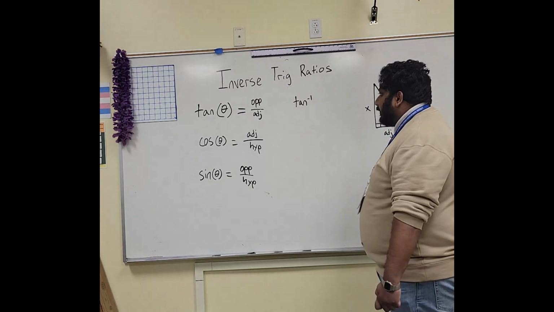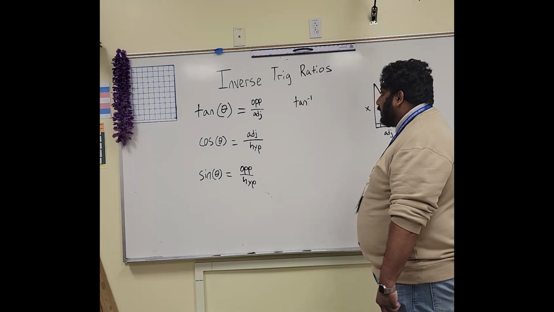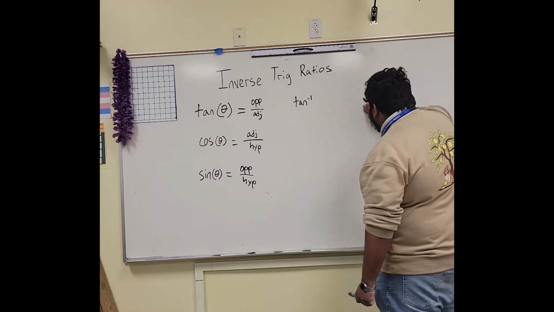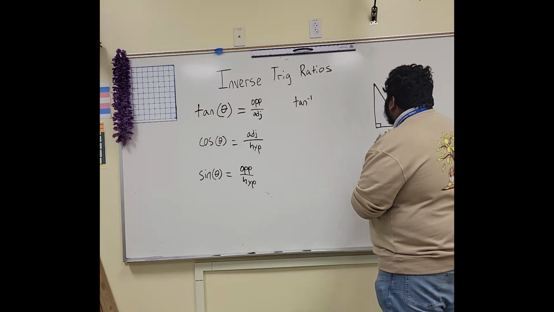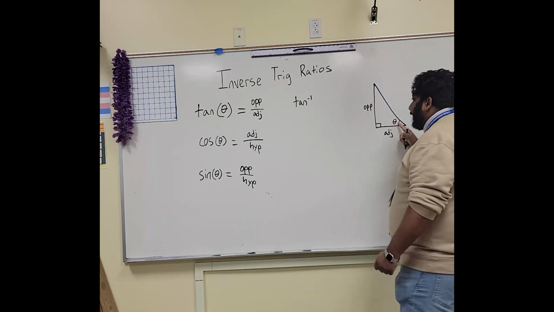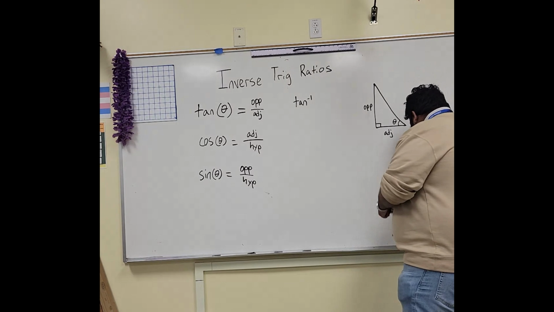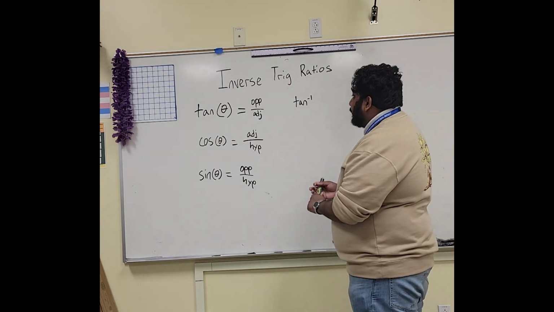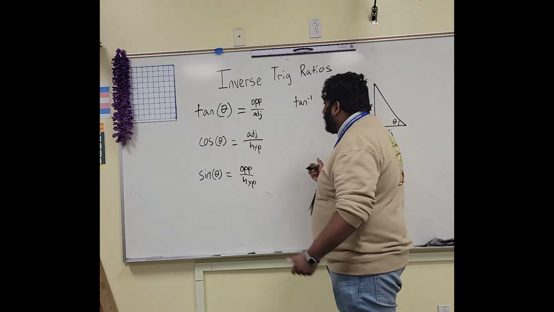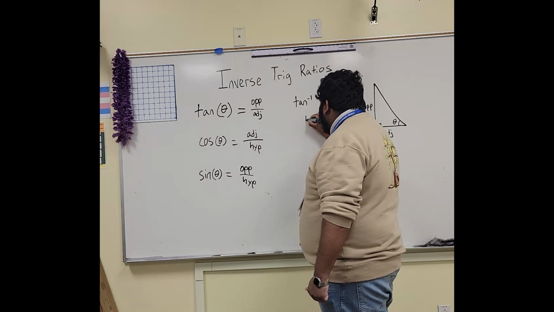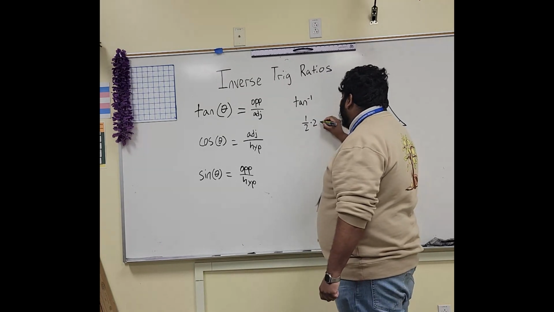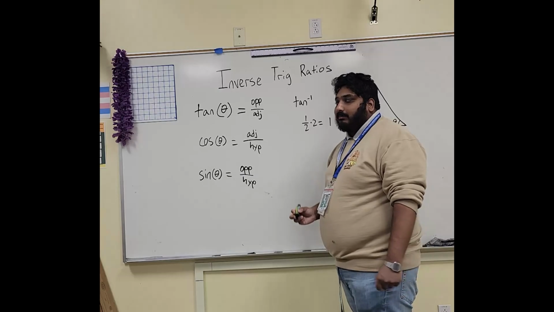Now, the inverse functions were meant as a way to use different parts of information, right? They were meant to be used when you're only given side measurements. So let's say that we actually know what the opposite side is, but we don't know what the angle measurement is. The way that we would use our inverse function is that they would get rid of the main function. So in the same way that in algebra, if we have 1/2, we'll multiply by 2 to quote unquote cancel it out, but really we're just making this into 1, and anything multiplied by 1 is just itself.